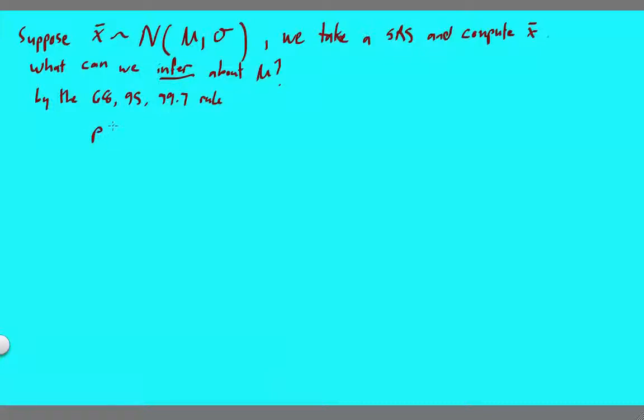The probability that x bar is less than mu minus 2 sigma, or that x bar is greater than mu plus 2 sigma, is equal to 0.05.